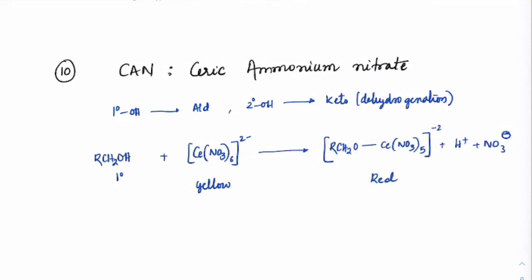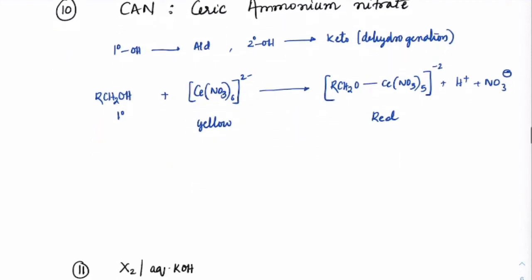In CT you got a similar type of question where if it was phenol, the oxidation will happen, but this time it will end up at brown color. Later the red color complex RCH2O Ce(NO3)5, if we keep it standing, will convert into RCHO, and ceric will slowly become Ce plus 3.